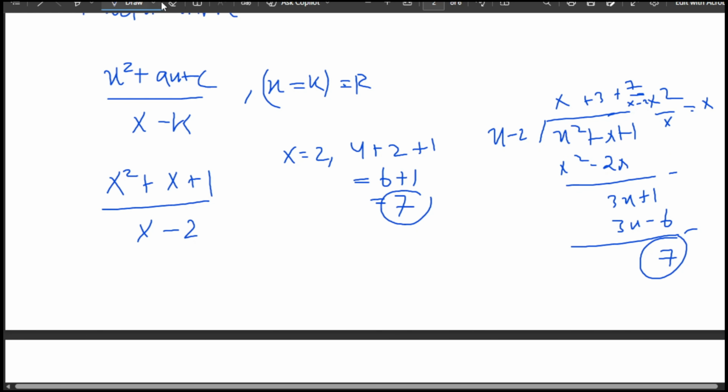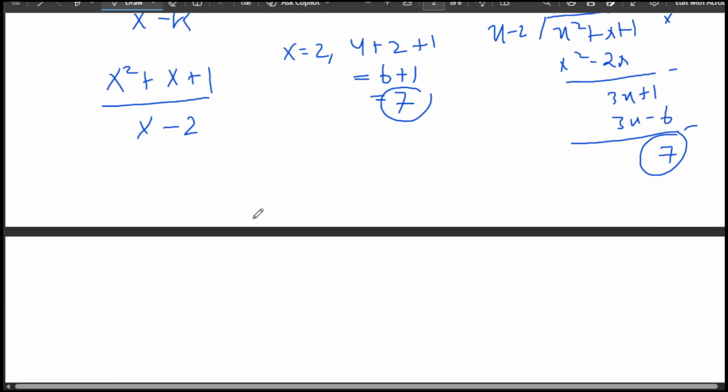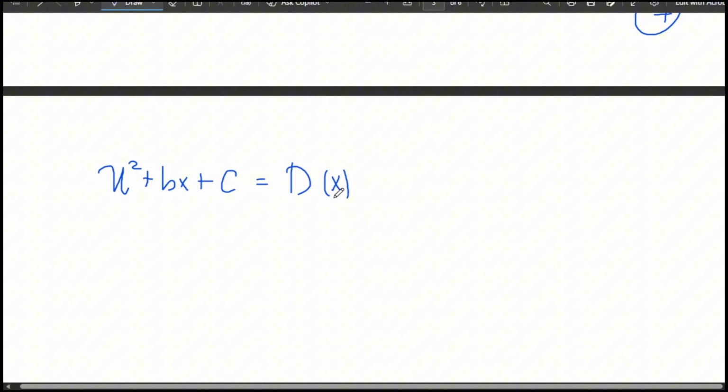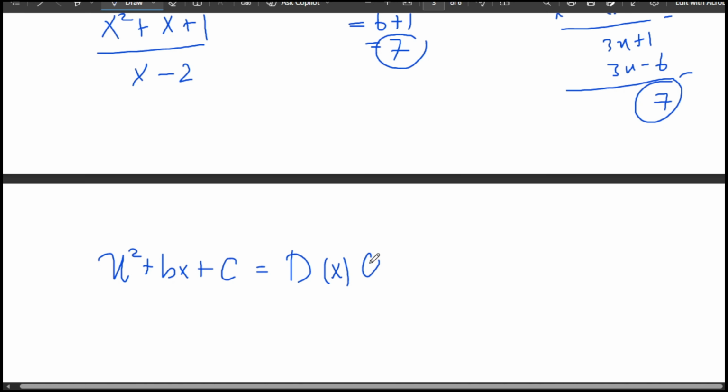And for our remainder theorem, we can denote it as follows. Let's say we have the quadratic x squared plus bx plus c equals our divisor, which is x minus 2, times our quotient with respect to x, plus our remainder.